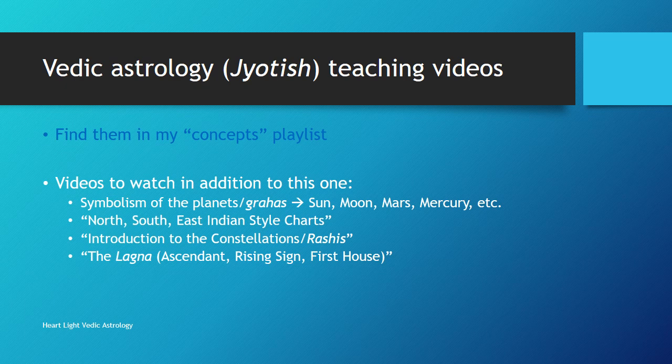I also have a video on North, South, and East Indian style charts, a video on Introduction to the Constellations or Rashis, and another on the Lagna, or Ascendant, Rising Sign, First House. Those are all important videos if you're just starting out with Jyotish or astrology, so you might consider those as well.